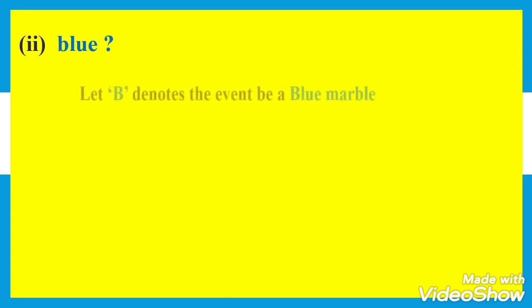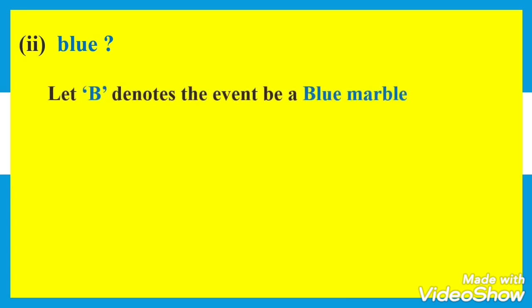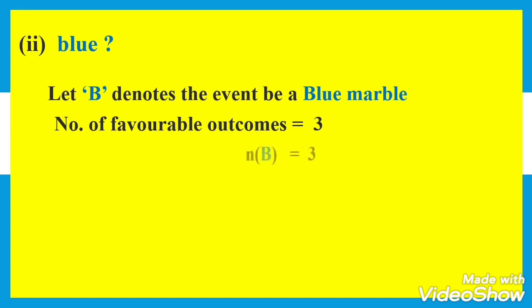For the blue marble I take the letter B for the event. So let B denote the event of getting a blue marble. Out of the 9 marbles, how many are blue? There are 3 blue marbles. That 3 is the number of favorable outcomes. For the event B we write n of B equal to 3.